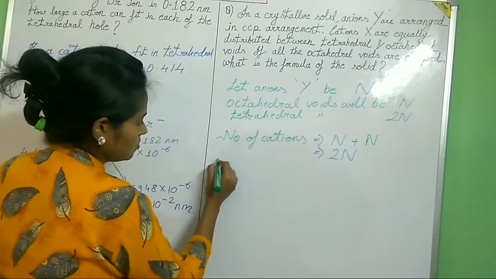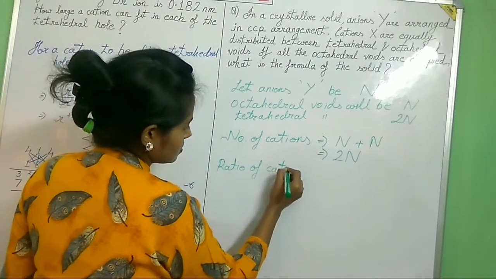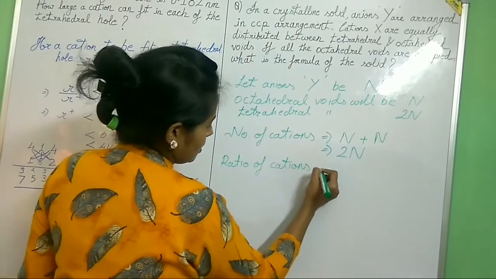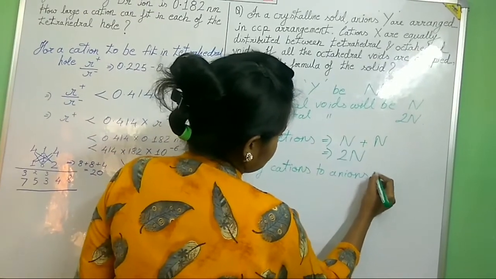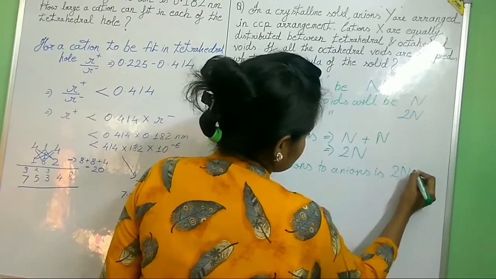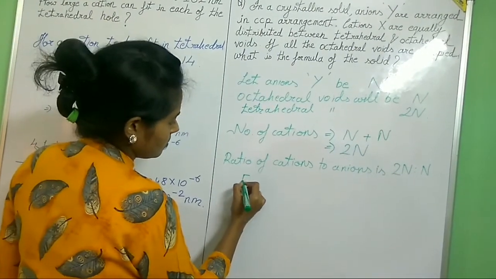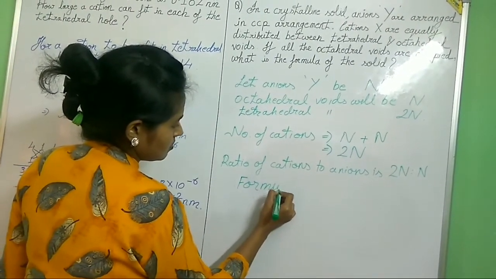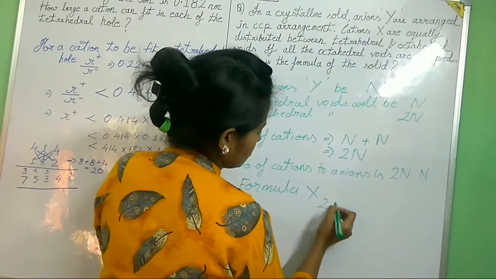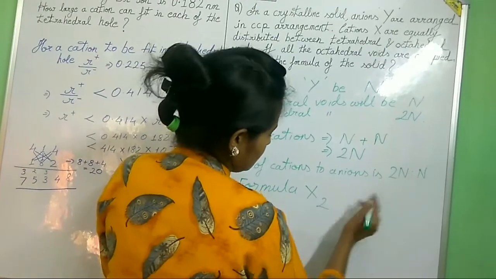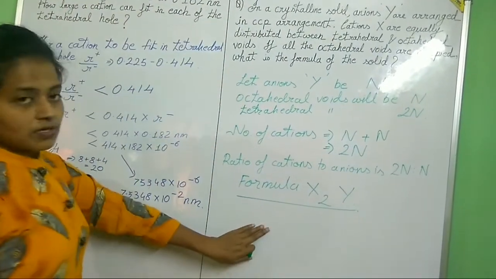So the ratio of cations to anions is 2N is to N. That is, the formula will come as X2Y, since X is the cation and Y is the anion. X2Y will be the formula of the compound.